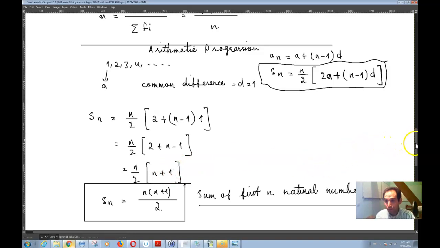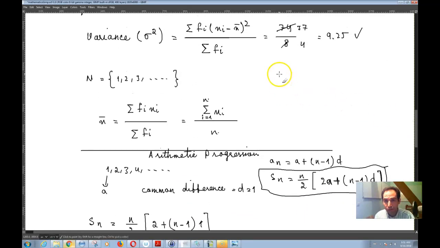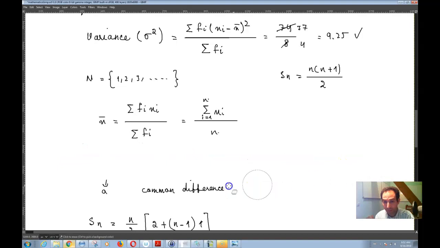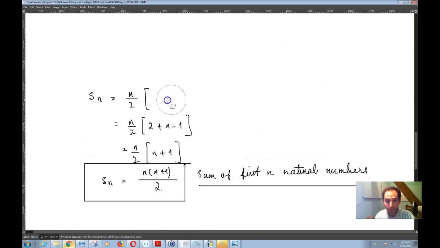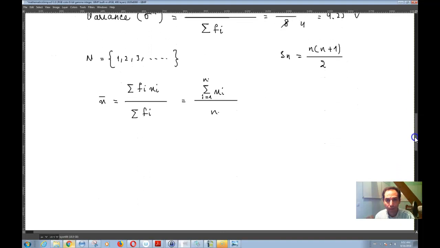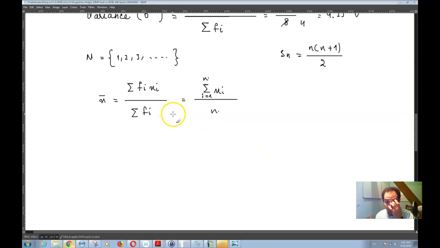Now, what's important here is that we said S of n is equal to n times n plus 1 divided by 2. So I can now get rid of all of these. Now I wanted to calculate the mean of all of these numbers. The mean is the sum of all of the numbers divided by the number of them.